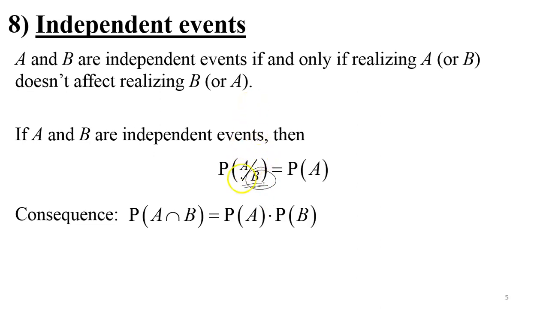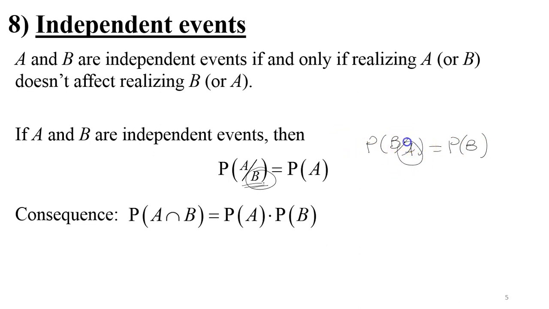So the probability of A given B is equal to P of A, and similarly the probability of B given A would be equal to the probability of B, since A and B are independent from one another.